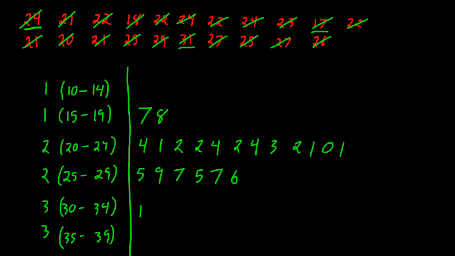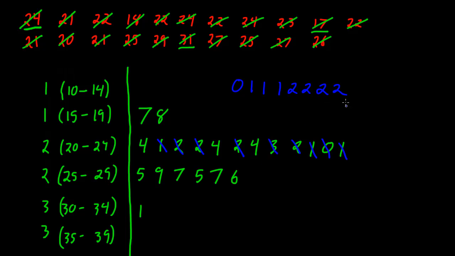Let's change our color here to make this a little easier to work with. We have 1 0. We have 3 1s. We have 4 2s.